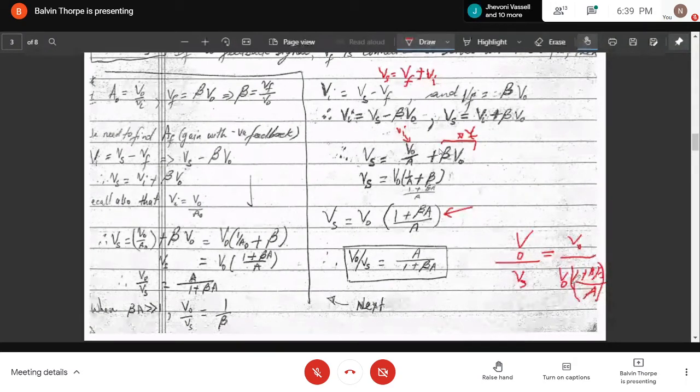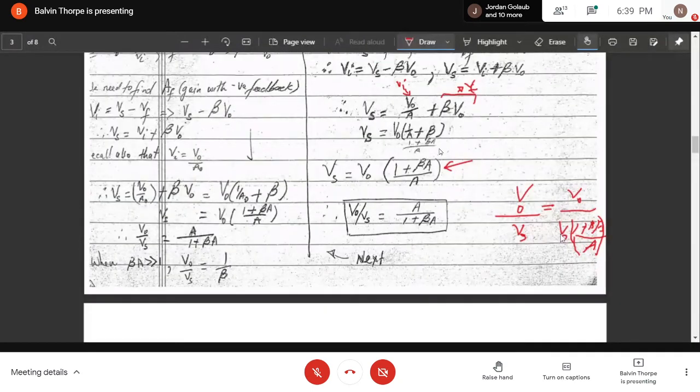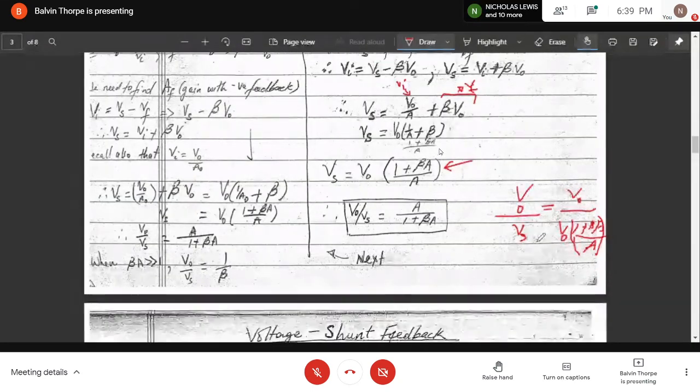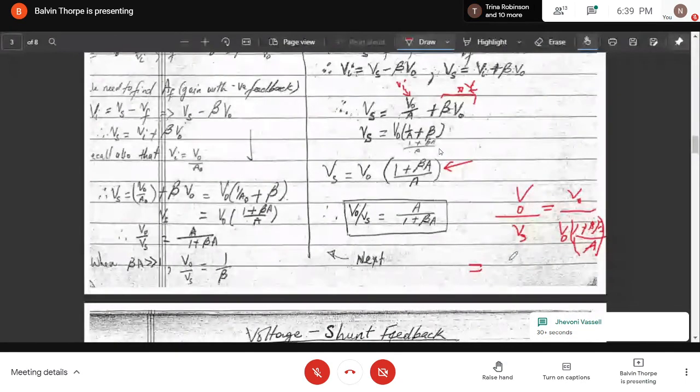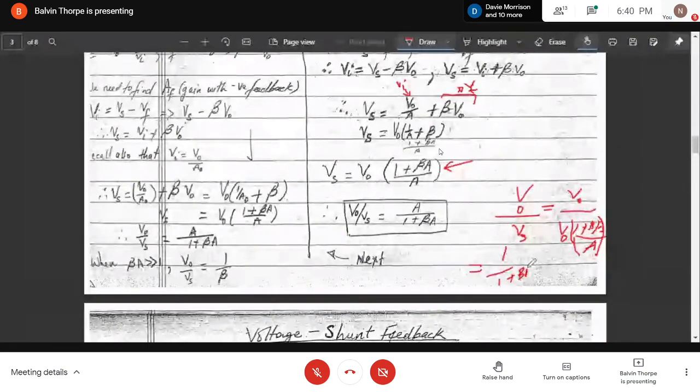VS is this, which is VO times (1 plus beta A) over A.